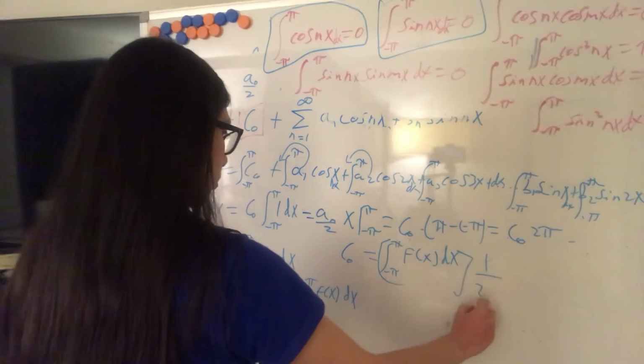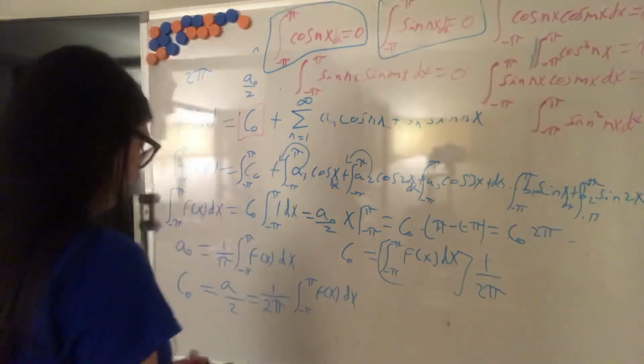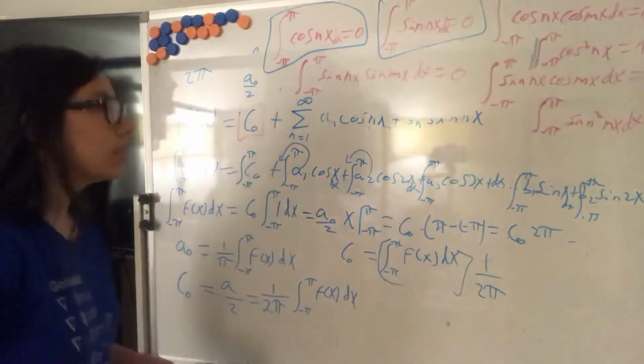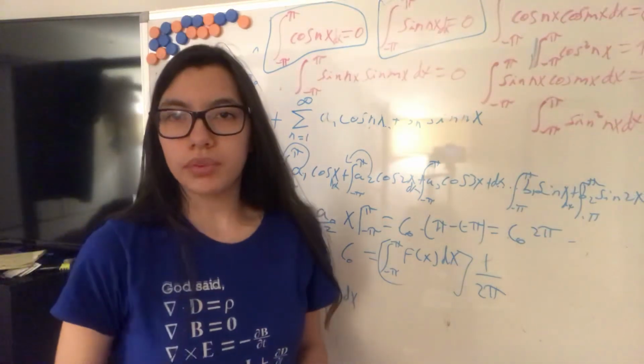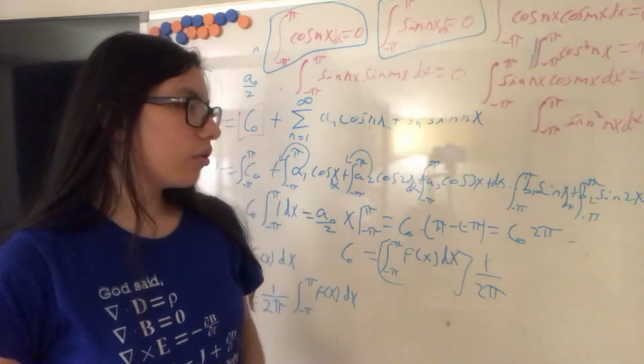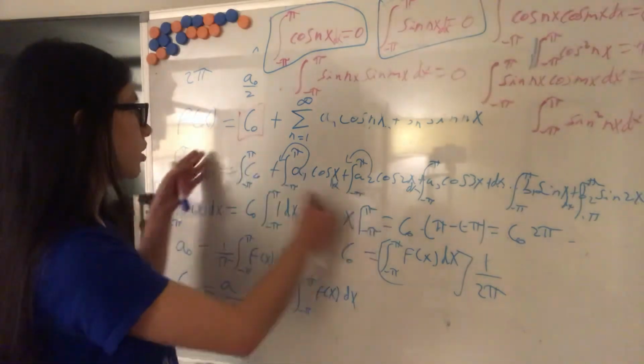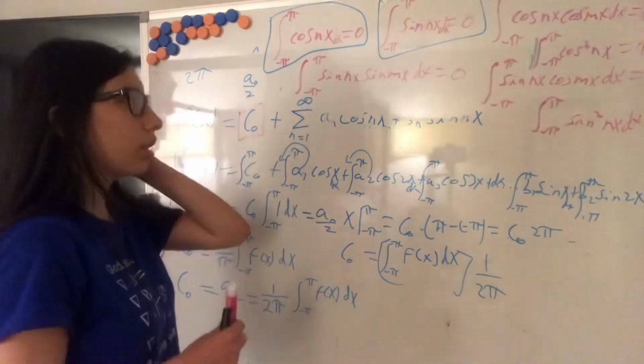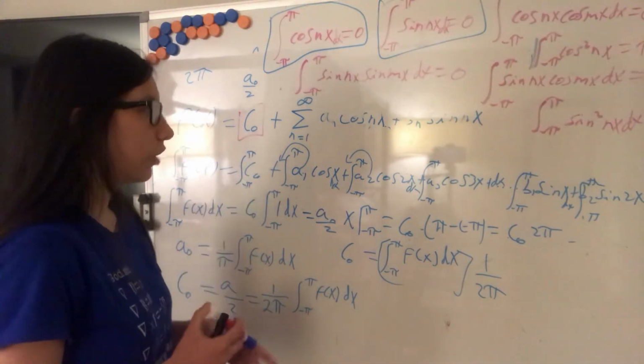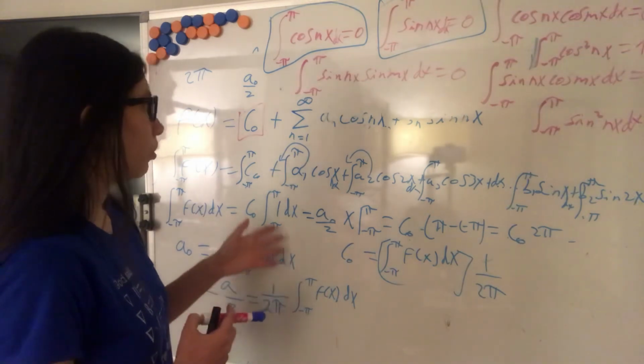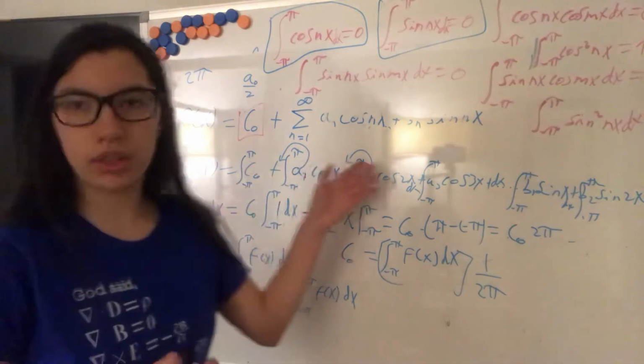So this is the constant in the Fourier series. Now I think that we are running out of time, so in the next video we will continue with the cosine terms and the sine terms.